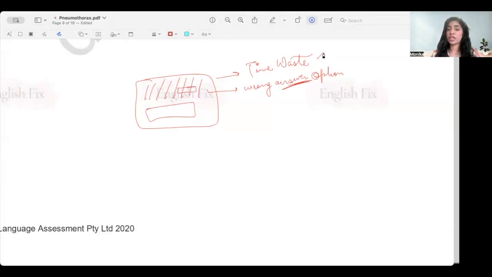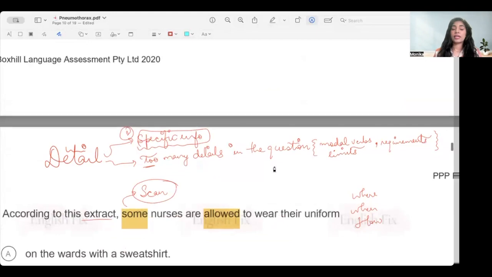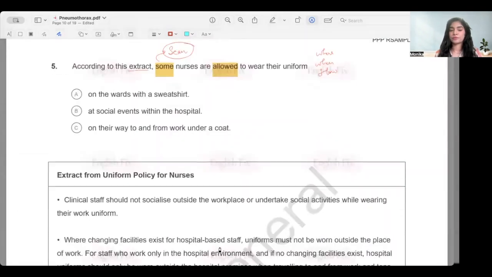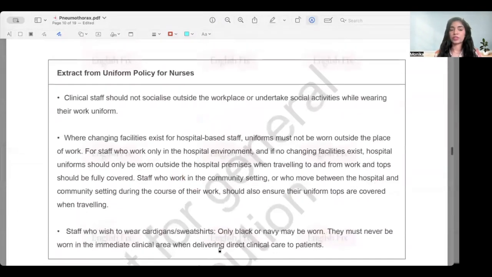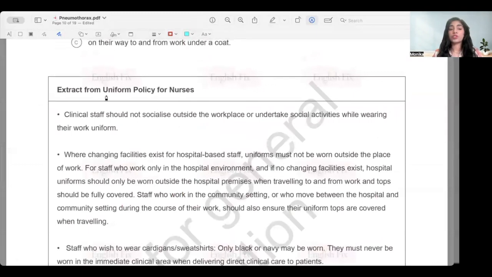Either you waste your time or you end up selecting the wrong answer choice because you are looking at the wrong area in your paragraph. So here we are going to look at the area where they are saying where the nurses are allowed to wear the uniform. Now let's see. They have given us bullet points, and this is about uniform policy for nurses only.